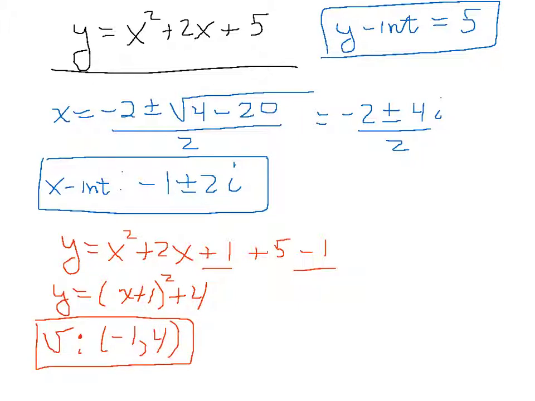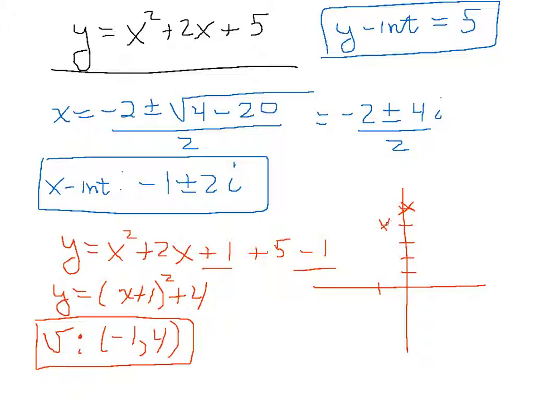Okay, so let's squeeze in over here and put in what the graph looks like. So the y-intercept is 5. 1, 2, 3, 4, 5. There's the y-intercept. There are no x-intercepts because the only roots that we have are complex. So this graph is never going to touch, never going to hit the x-axis. The vertex is minus 1, 4.